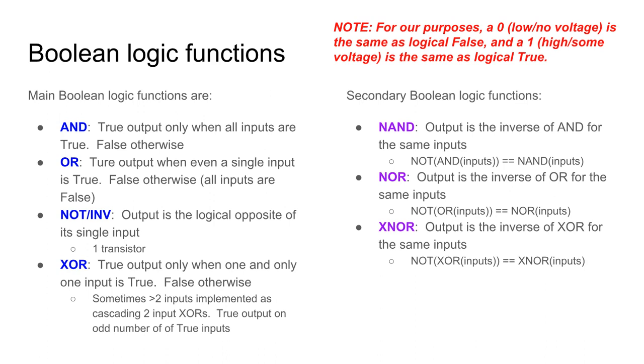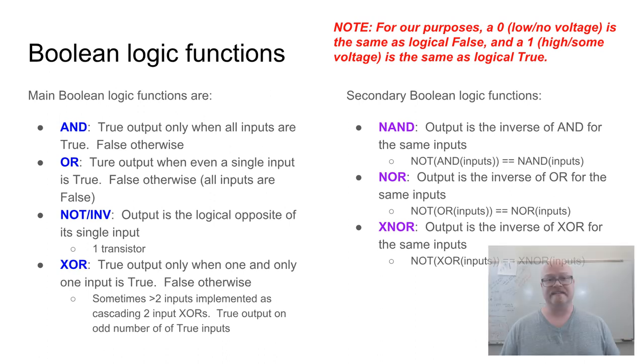Now on some occasions when there's more than 2 inputs, I've seen this implemented as a cascading series of 2-input exclusive ORs. So there's 2 inputs up here that go into a single exclusive OR and produce 1 output. That output is fed into a second exclusive OR with a third original input.